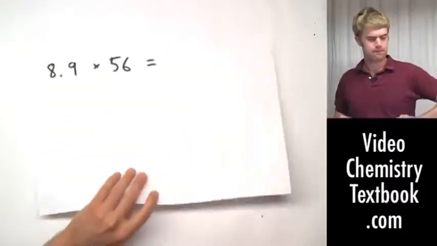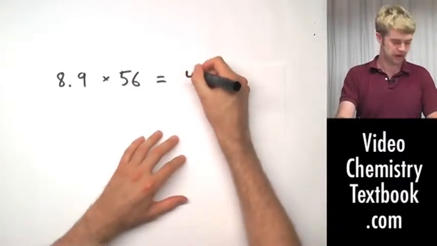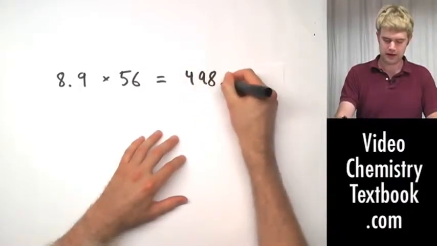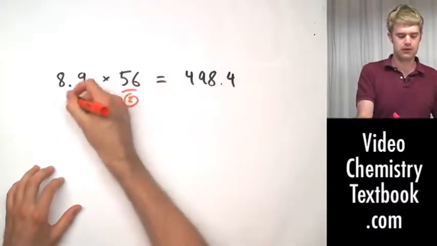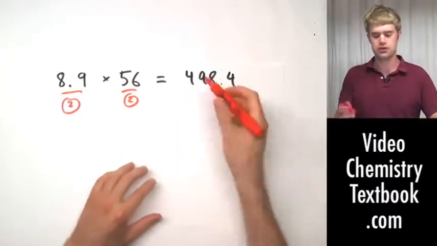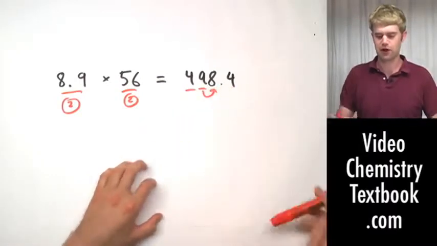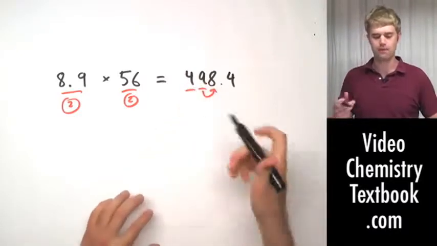One final example, 8.9 times 56 is going to give me 498.4. Again, two significant figures in both of the numbers that I'm multiplying together in the first place, which means that I should round this to two significant figures. I look over there, the 8 means that the 9 should round up, which means that the 5 should go up.